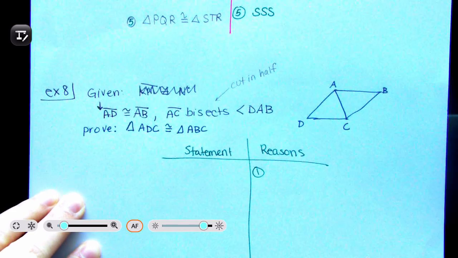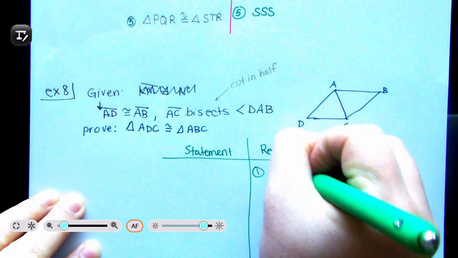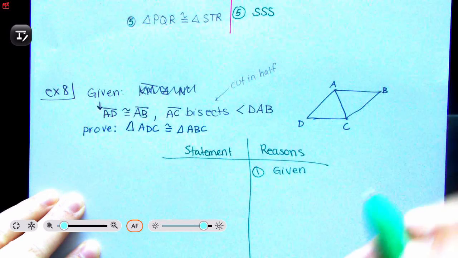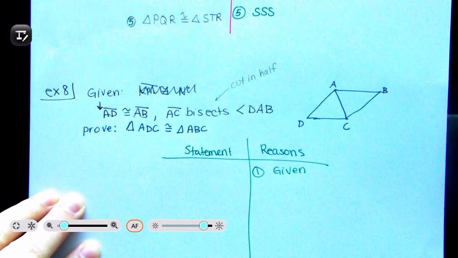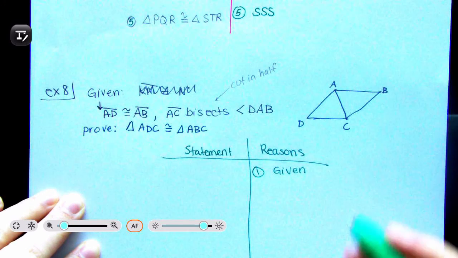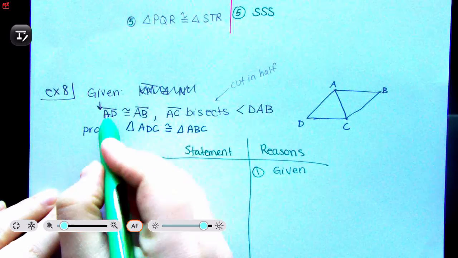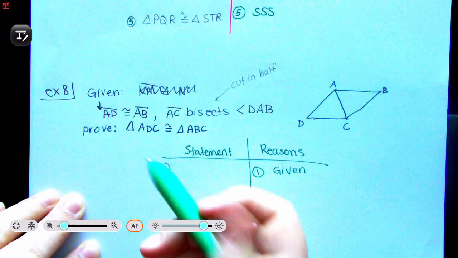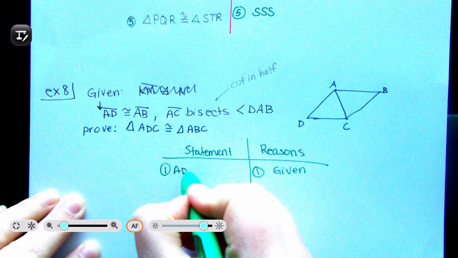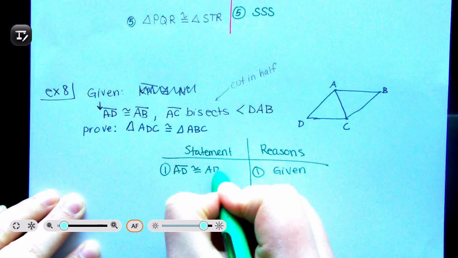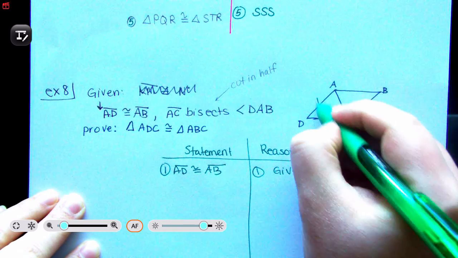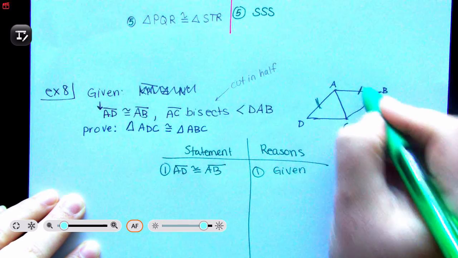For your reason, you're always going to start with given. Statement, you're always going to start with listing things out that are separated by commas. So AD is congruent to AB. Mark that.